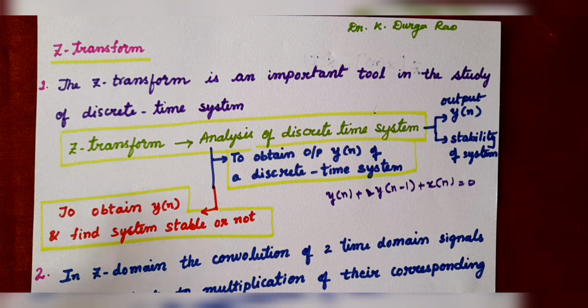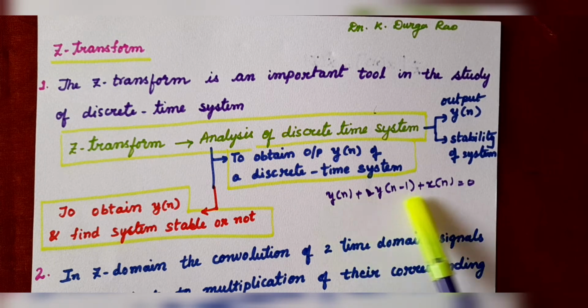The first point is the Z transform is an important tool in the study of a discrete time system. Why is it an important tool? The Z transform is a mathematical tool for the analysis of a discrete time system, and a discrete time system is represented by a difference equation like this.